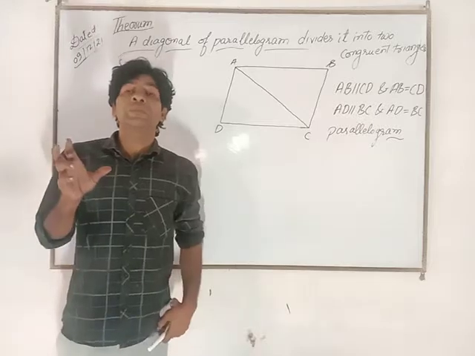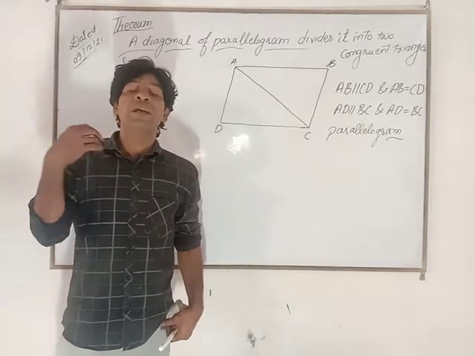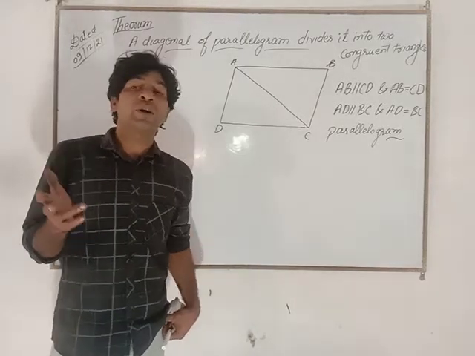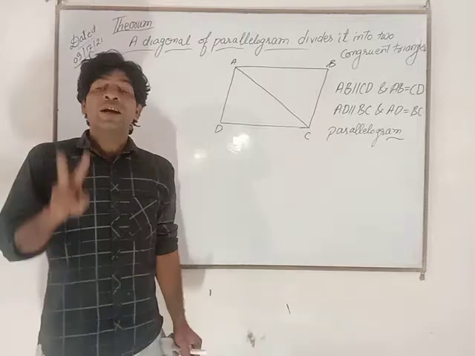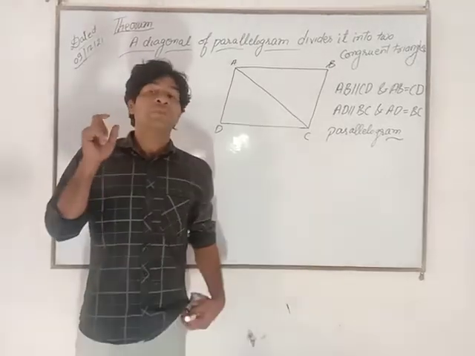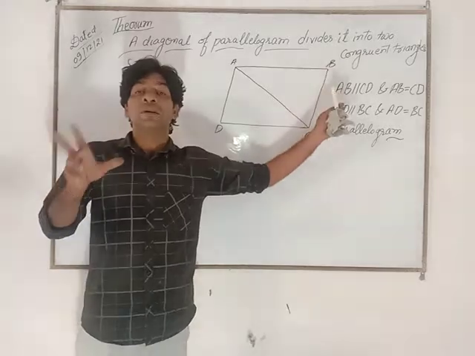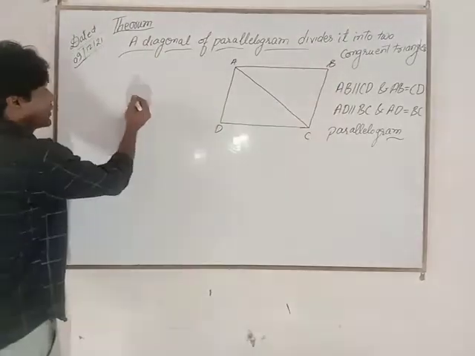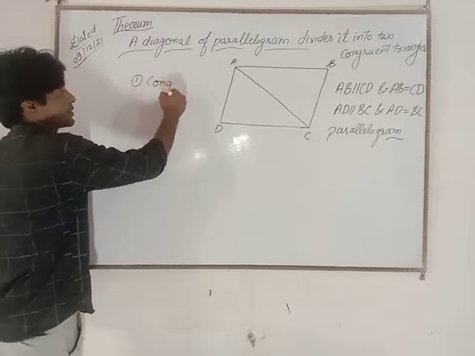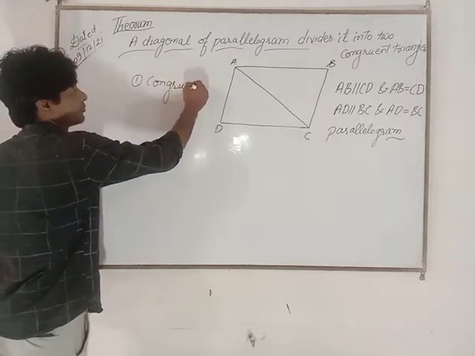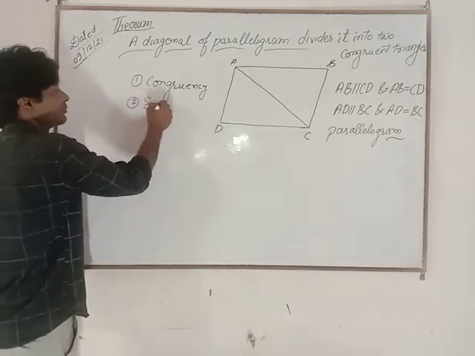This very problem can be solved from many methods. कई मेथड से इस प्रॉब्लम को आप सॉल्व कर सकते हैं. Come on, there are two main cardinal methods by which this problem can be solved, this theorem can be proved. Those are first congruency and second similarity.